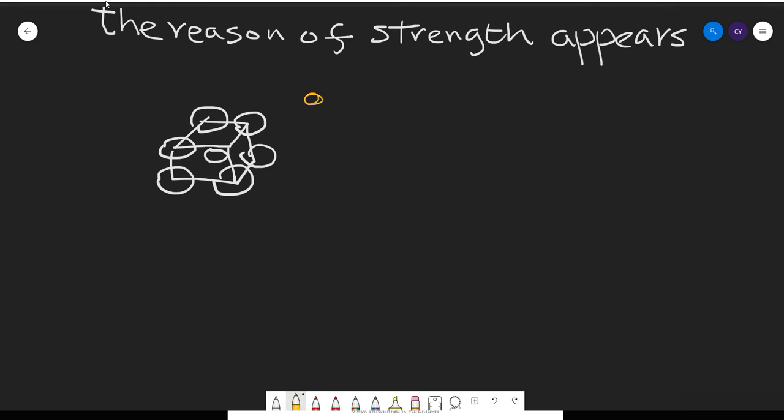When the carbon goes outside, we know this is Fe steel, carbon and iron, and this is very hard.